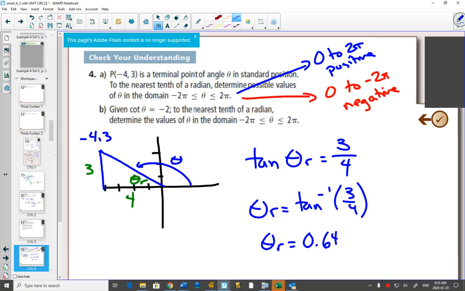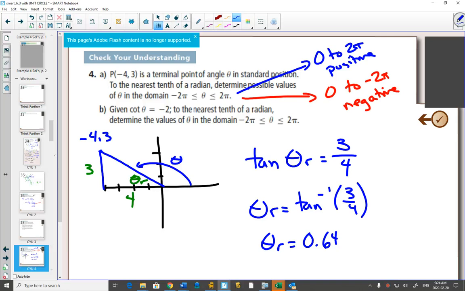By the way, mental math, approximately how big is this angle in degrees? 0.64 radians. 1 radian's about 60 degrees. 0.6 would be less than 1. If you're doing 60% of 60, around 36, 37 degrees. So we can imagine that our reference angle's around 37 degrees.